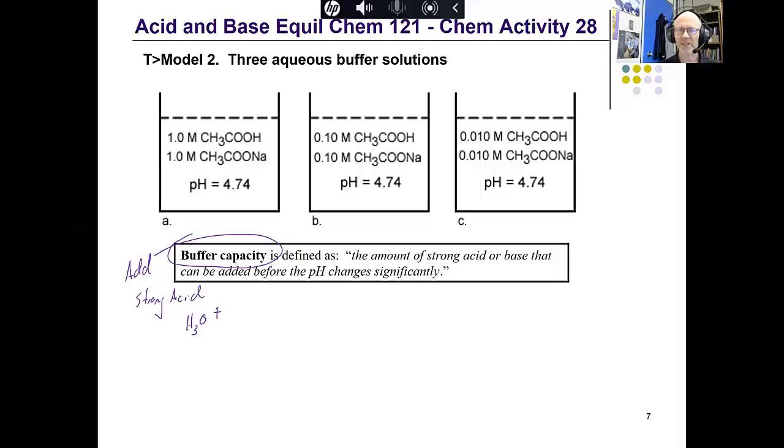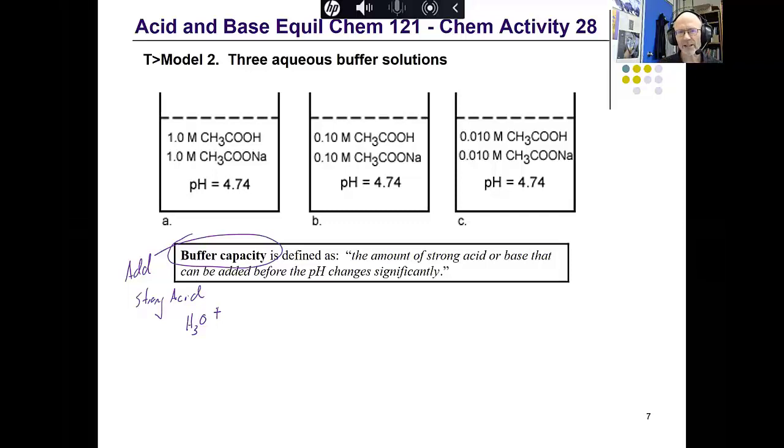It's because there's something in the buffer that's going to react with that hydronium ion. Now, if you were just to add hydronium ion to water, the pH of that water is going to be automatically lowered because we're increasing the hydronium ion concentration. Of course, it depends on how much water you add it to, but the pH is just going to drop if you add hydronium ion to neutral, pure water.